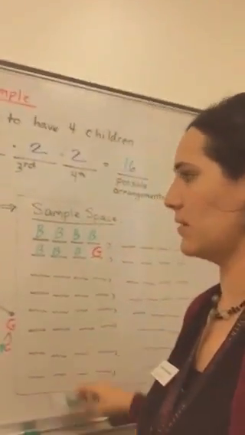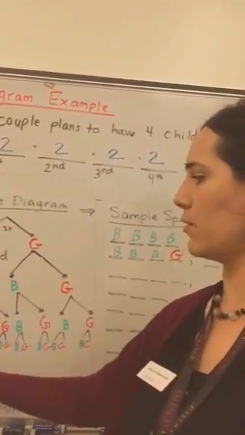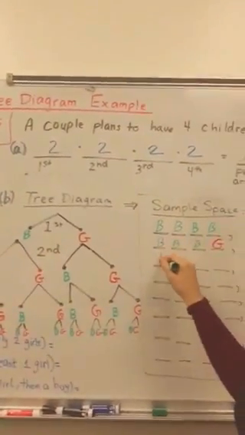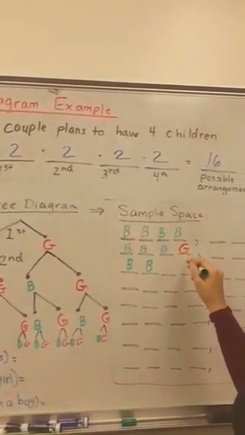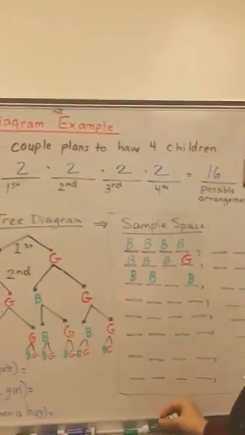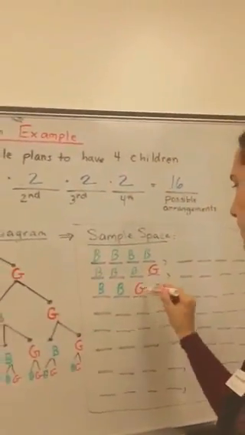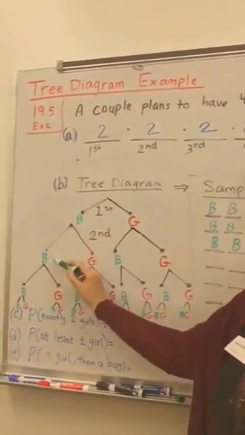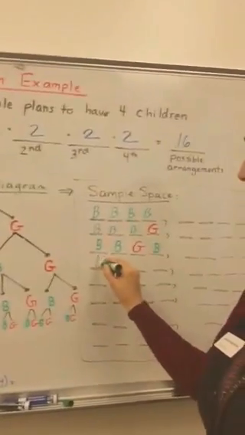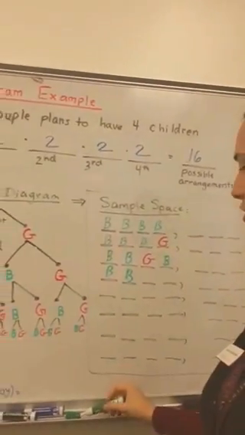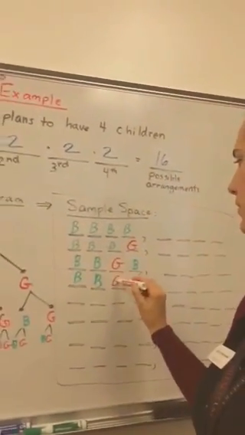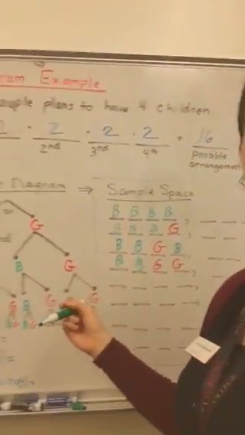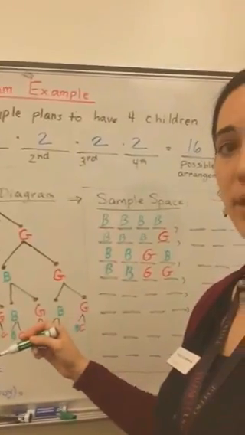Next up, we could have done boy, boy, girl, boy, or BBGB. And then boy, boy, girl, girl, or BBGG. Continuing, we would get the rest of our sample space the same way.